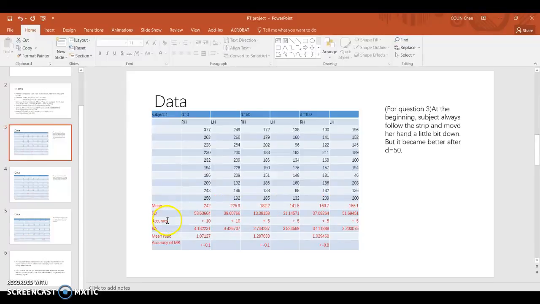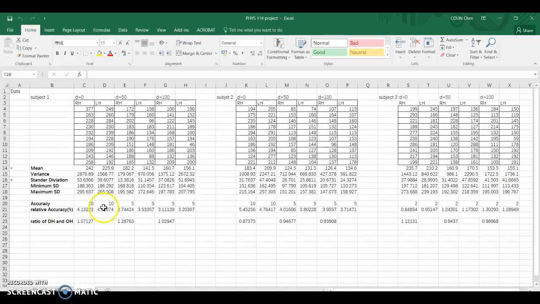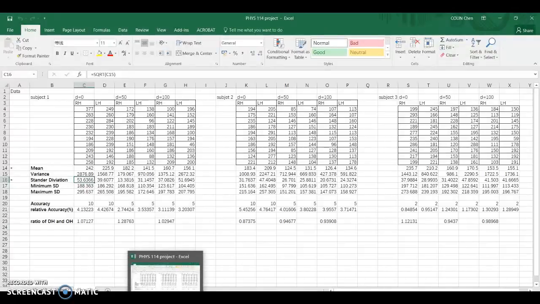The standard deviation: I take each data point minus the mean value, square them, and add them together. I didn't put the detail here, but in the Excel I got the number here, and then I just take the square root of the variance to get the standard deviation.